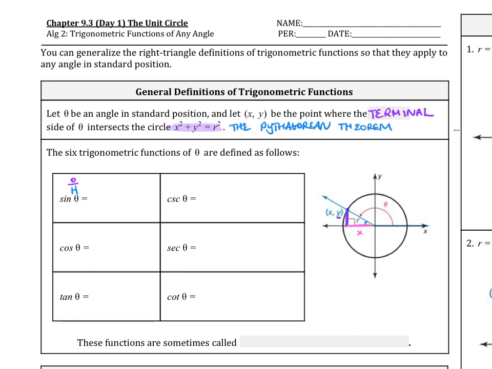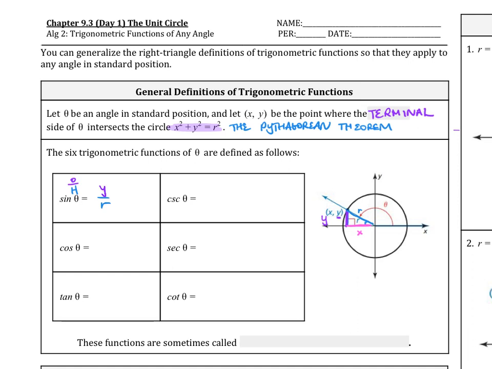So sine of theta, looking at the values that we labeled here, opposite is y over the hypotenuse, and the hypotenuse is really the radius here, r. So therefore, sine of theta is y over r.